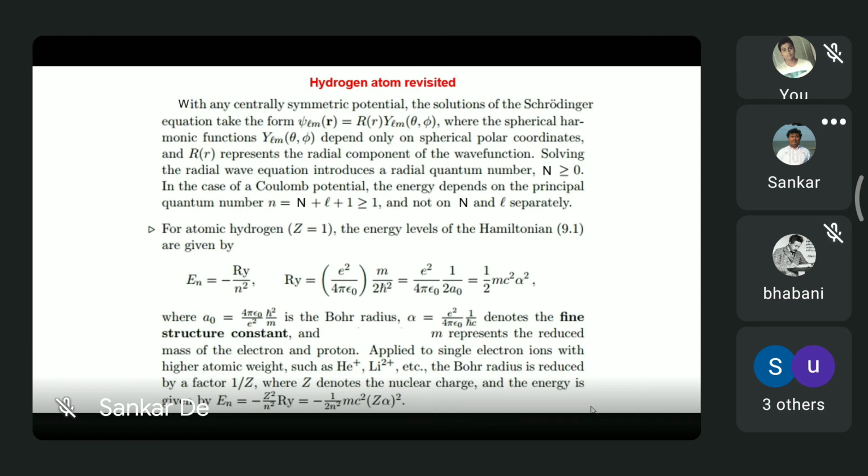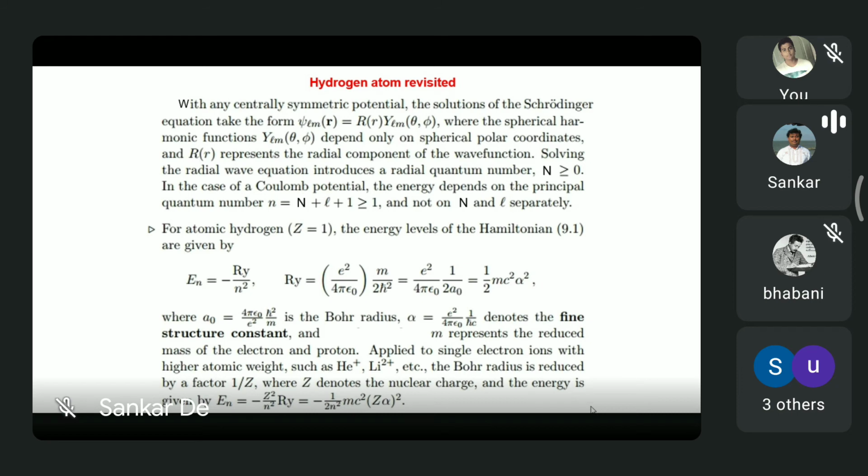So the energy does not depend on capital N and L separately, but depends upon small n, which is capital N plus L plus 1. This also you remember, right? Yes. Later on we will see how we can separate on the L, but till now the energy depends on the small n only, the principal quantum number.